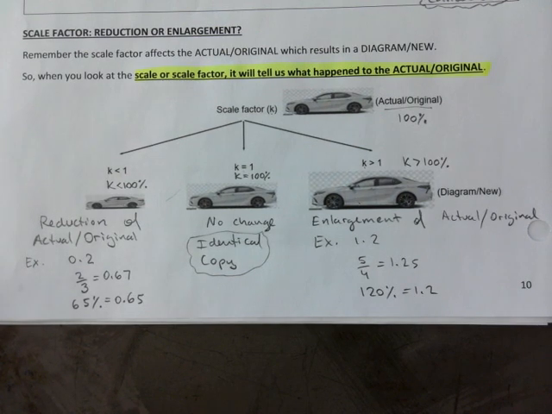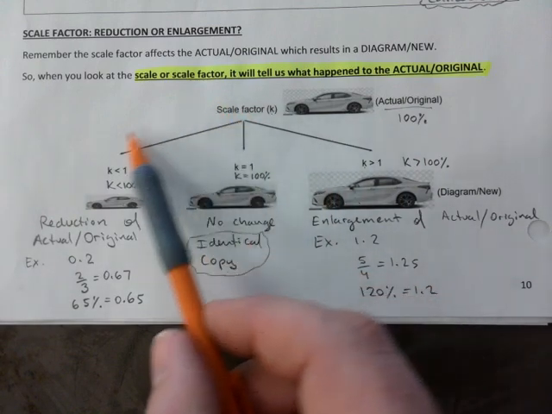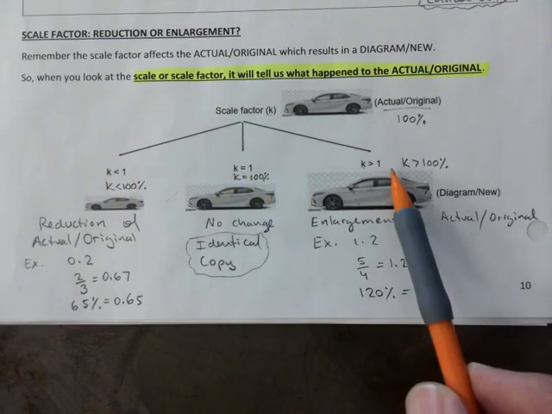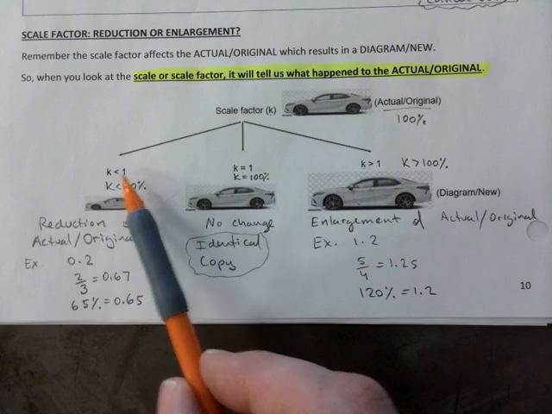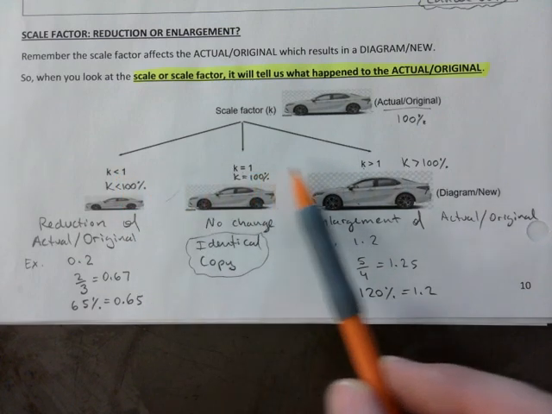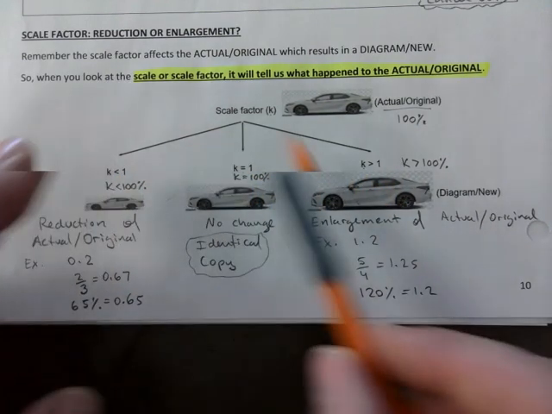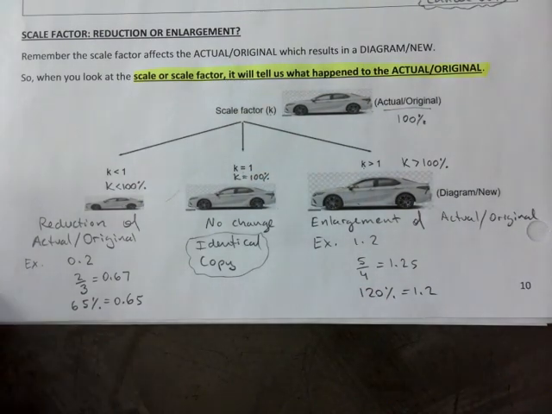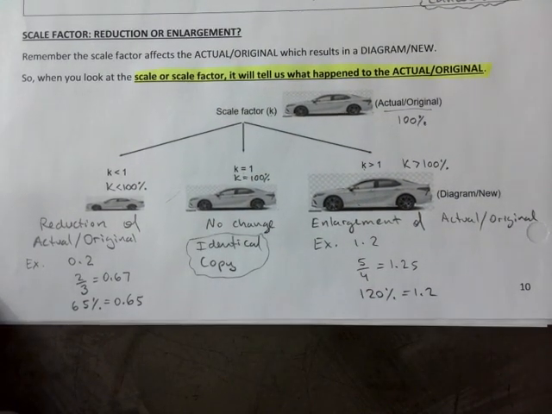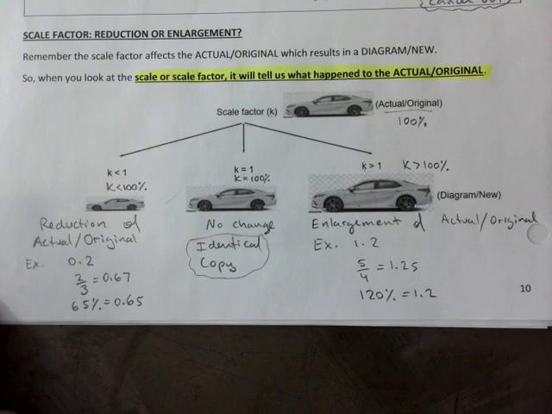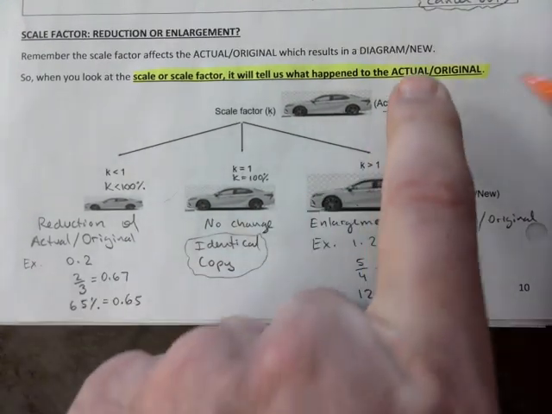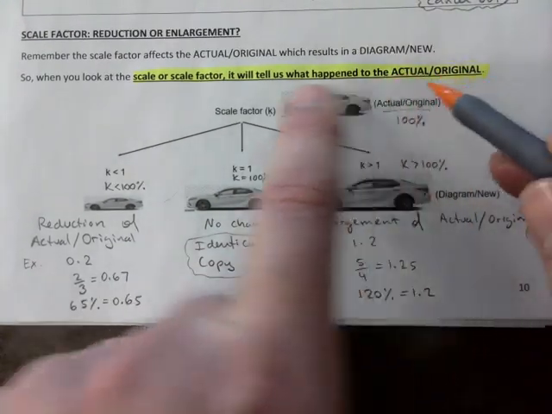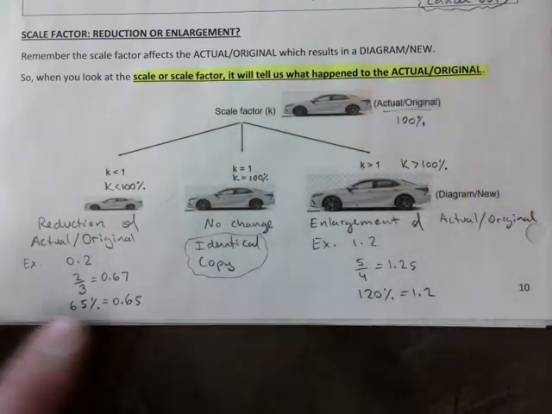So if you do this in your study sheet, I would probably just have these three there, right? If this is less, then it's a reduction, identical copy, enlargement, right? Just a small little section there to remind you. And when I put something in caps or highlight, that's probably important to combine those, right?